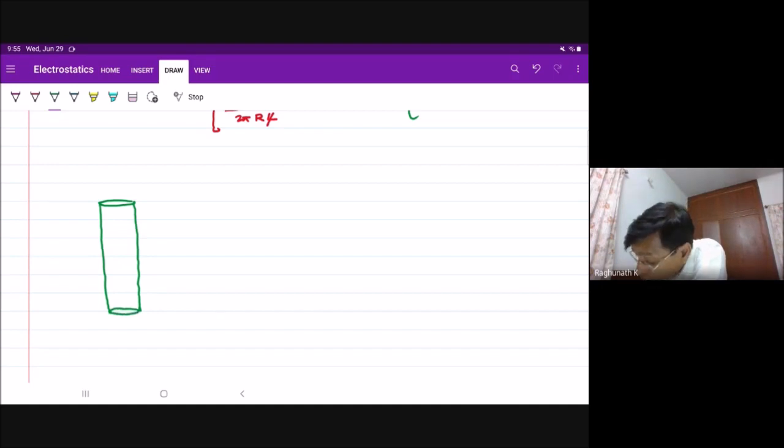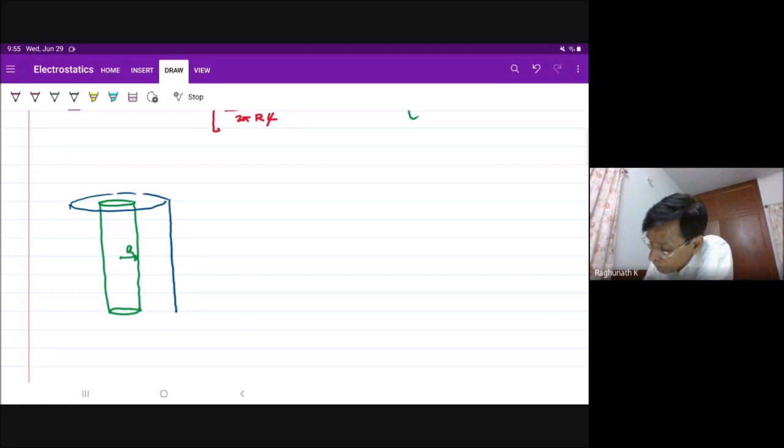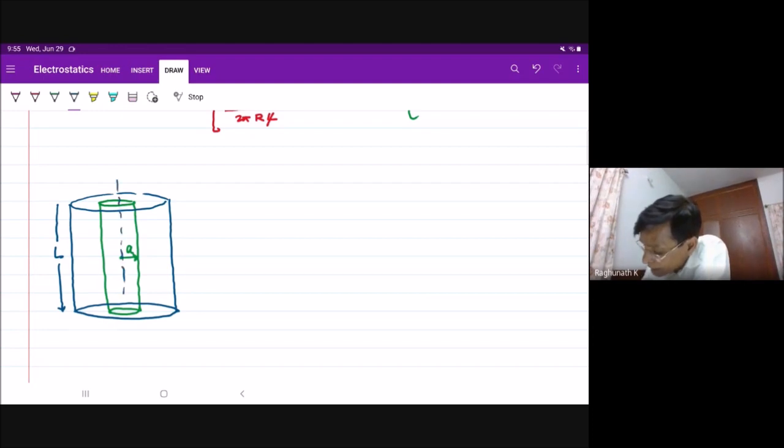I'm considering a hollow one of radius A, and another coaxial cylinder of radius B, of, let us say, length L. There is an axis of the coaxial cylinders.